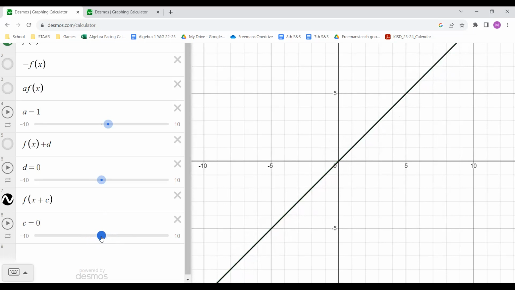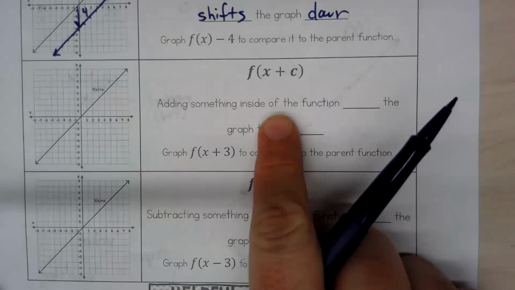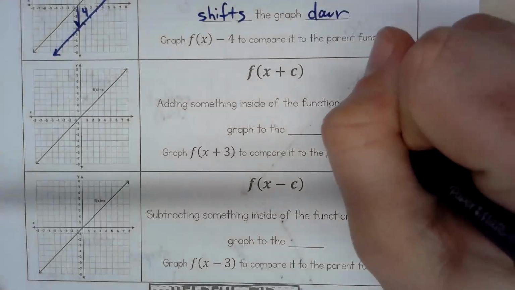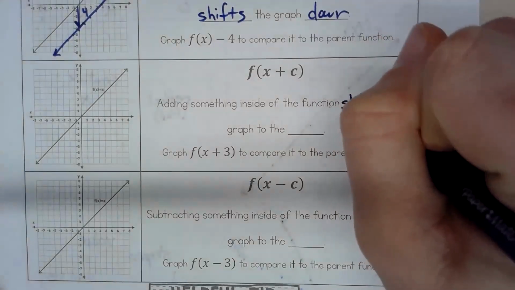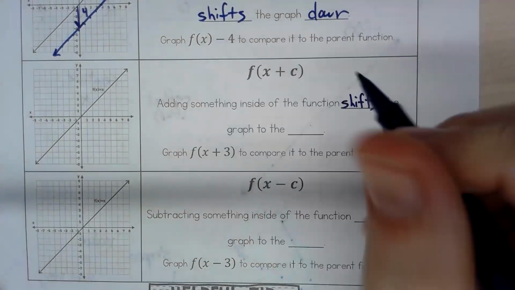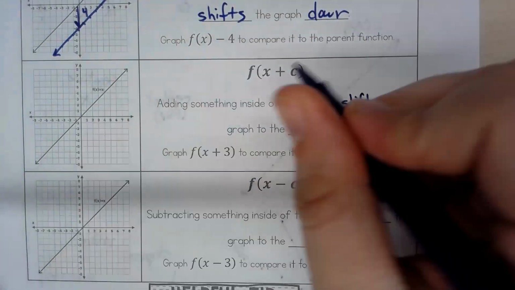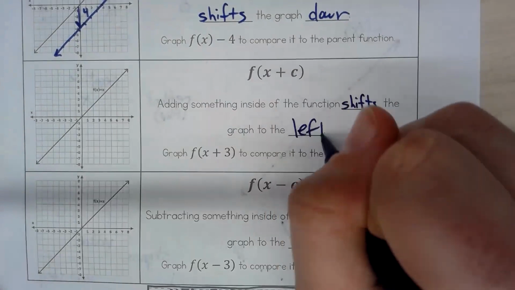So that's where this can get tricky. When we're talking about those C values, it's never what we think is going to happen. It's always the opposite of what we expect. So when I add something inside of the function, it shifts the graph, right? In my head, it should go right, but it didn't. It shifted it left.